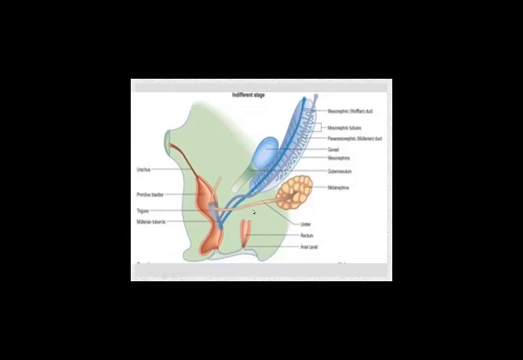And the lighter blue is the paramesonephric duct. The dark blue is the mesonephric duct, which we've already done in detail. Now developing medial to this mesonephros, this is the developing gonad.